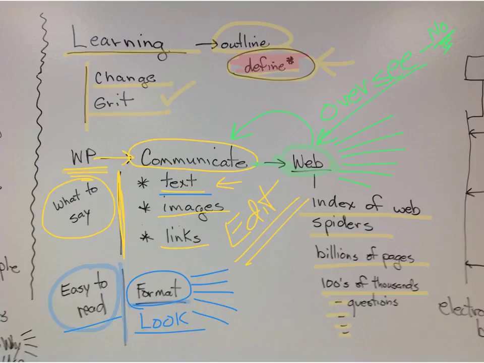Then it goes through all these things and tries to figure out what's the best thing to return to you in the search. You can search for Matt Cutts, Google search, and you can find it, or this information is in the outline in Unit 2.